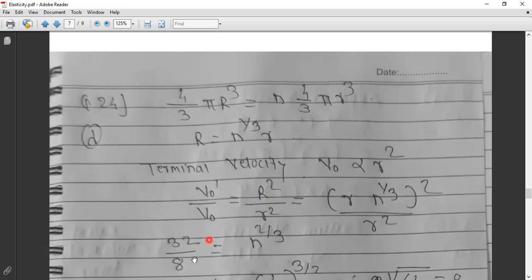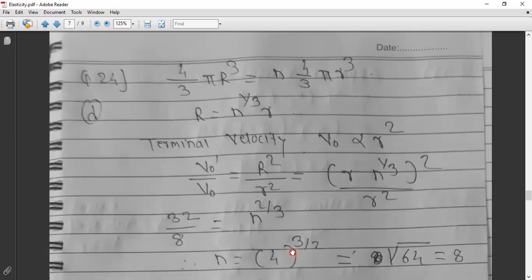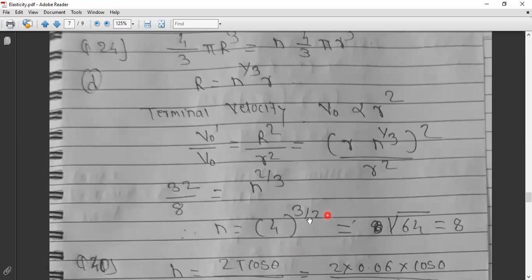Then this is 32 upon 8, the terminal velocities for these two droplets given. So simplify it, we get 4 raised to power 3 by 2; the square root of 4 is 2 and its cube is 8, so n is 64 and its square root is 8. So for question number 24, the correct option is D.